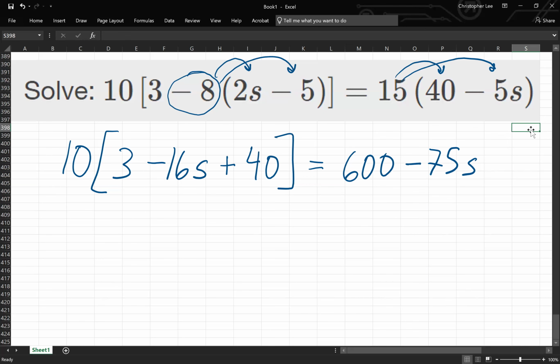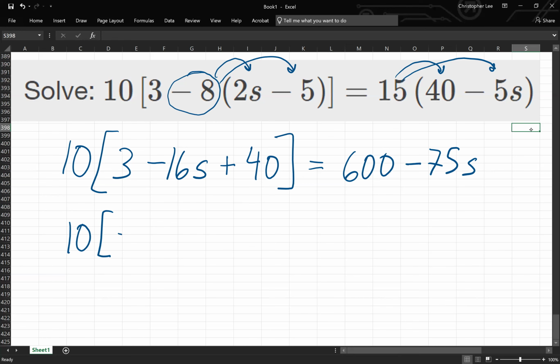Before that, starts with a C. I want to combine like terms. So combine that for me. I have 10, open bracket, what? Plus 3 to what? Right.